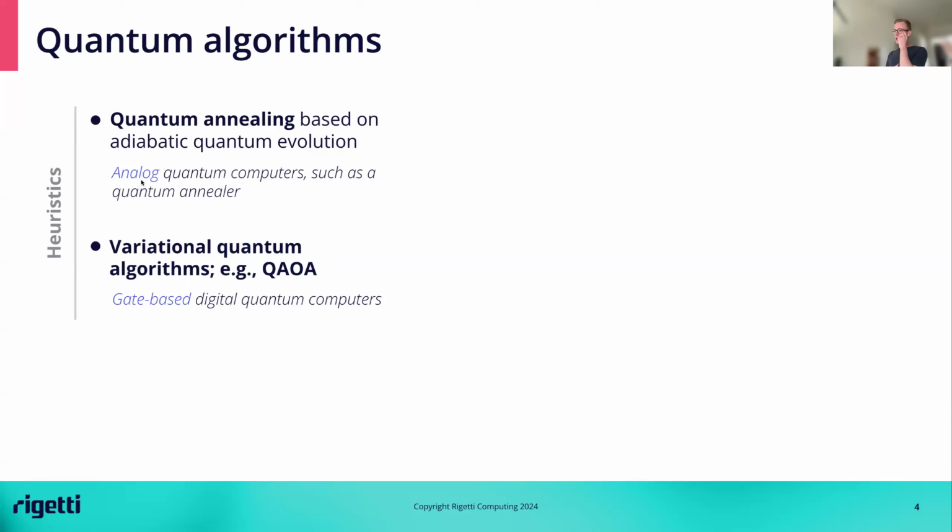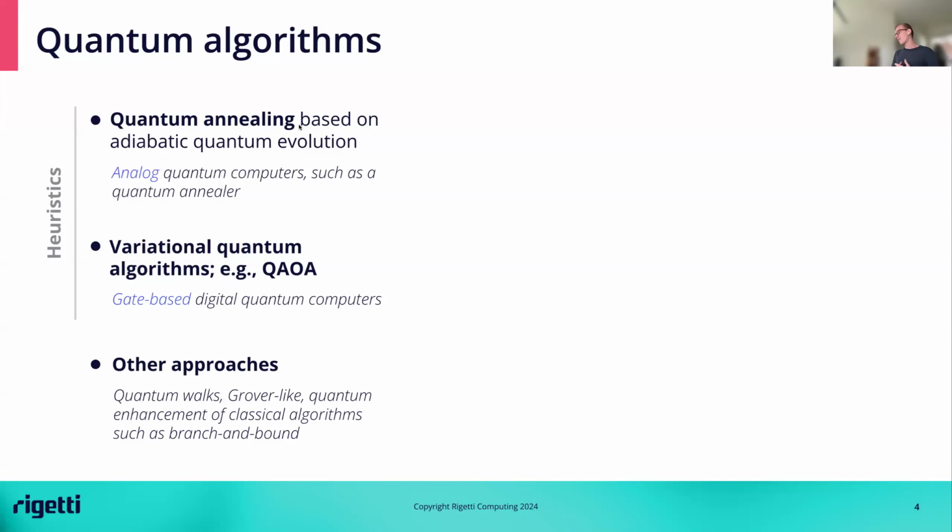And we'll come back to that in the following. But this is related, for example, to QAOA, which stands for Quantum Approximate Optimization Algorithm. And finally, I want to mention that there are other approaches, quantum walks, Grover type search algorithms, and so on, that have also been developed on the quantum side.